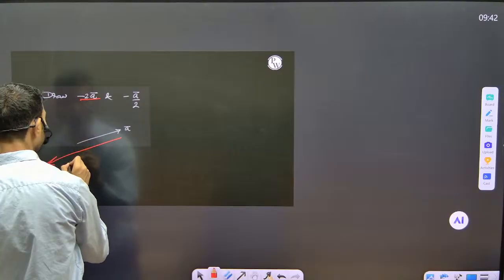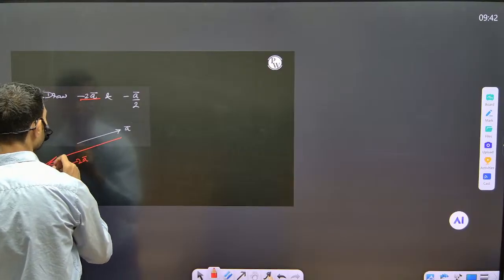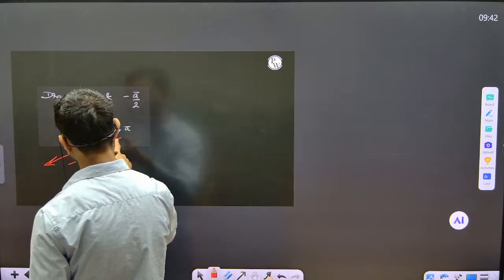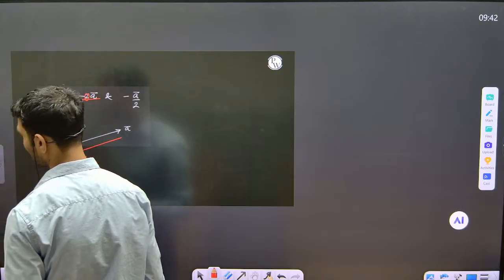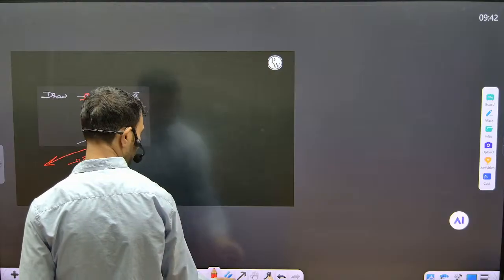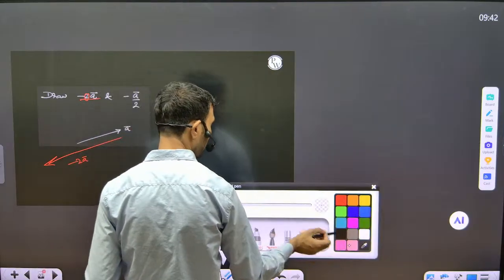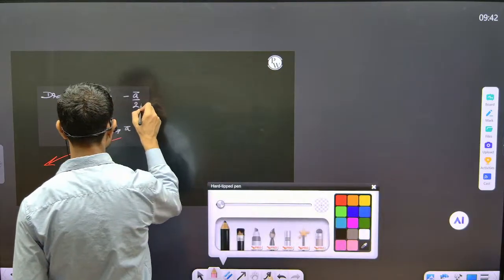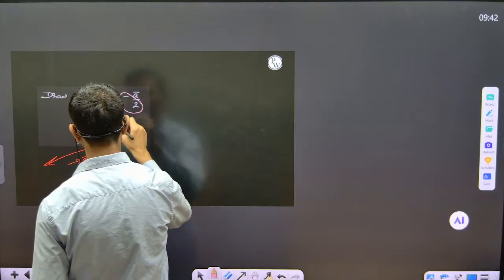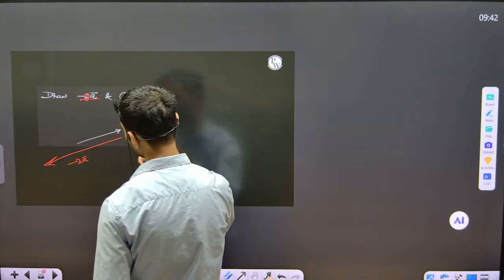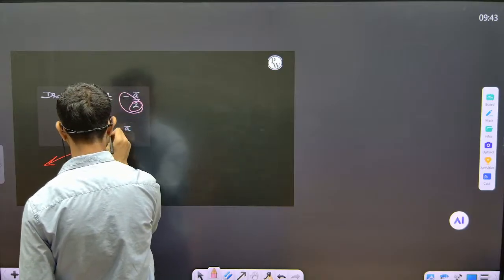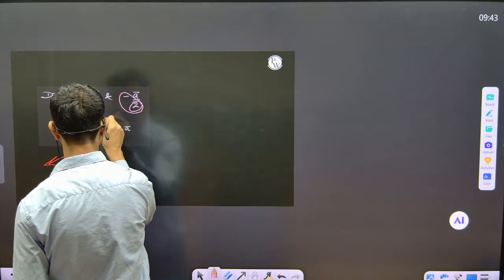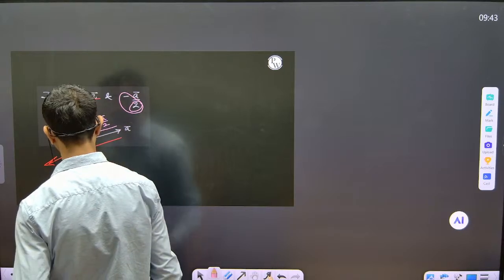But since it's 2 times, it will be changing the direction, but making it how many times? 2 times. Similarly, what about multiplying with -1 by 2? It will also change the direction, but make it half this time. Minus a by 2.